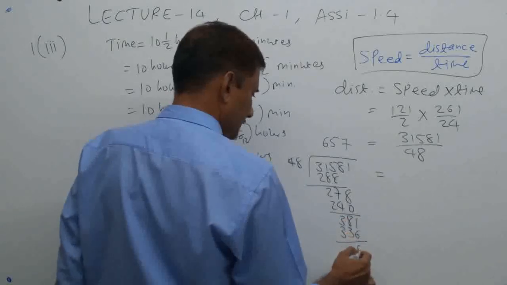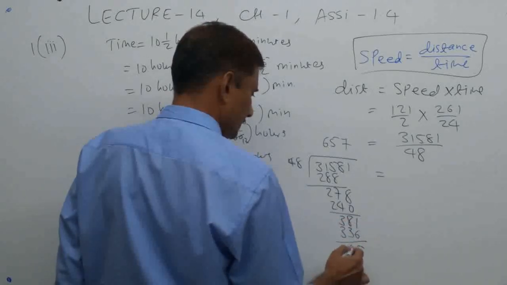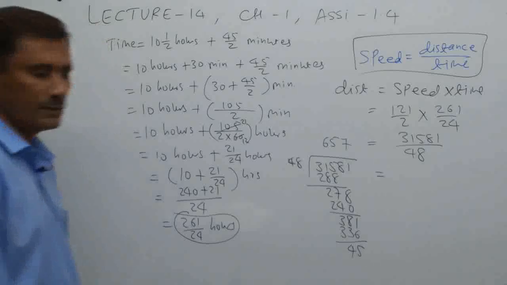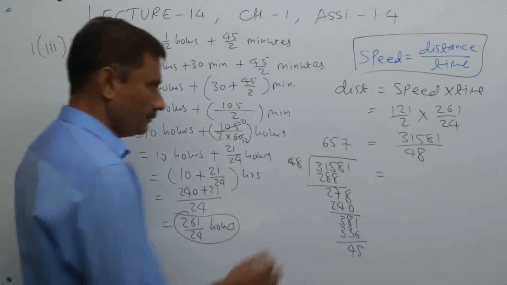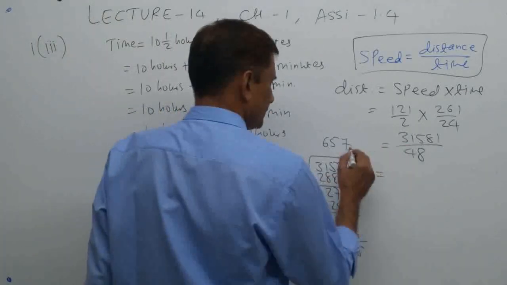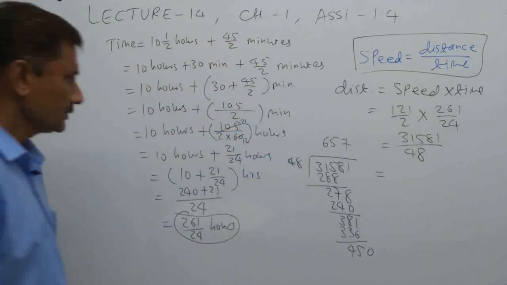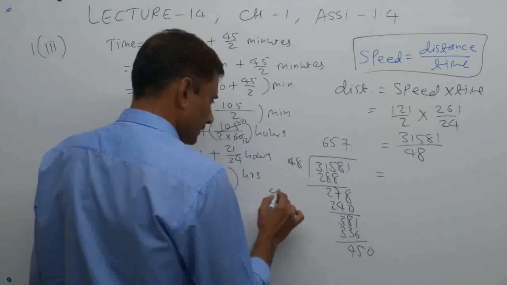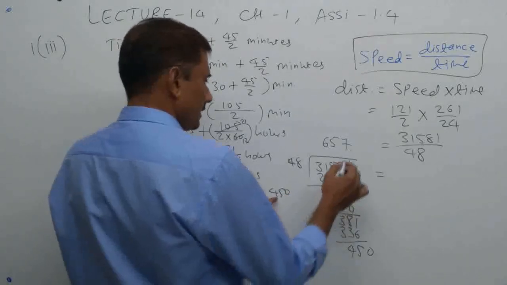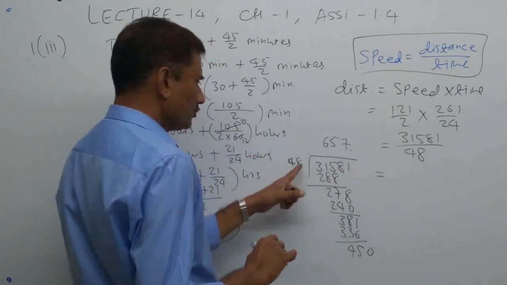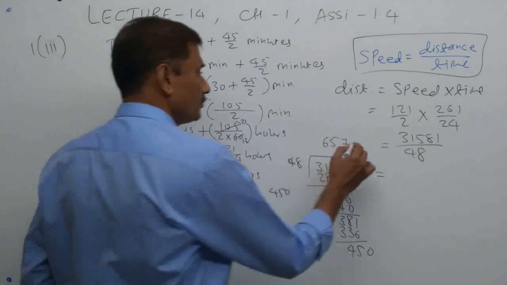So 11 minus 6, 5, 7 minus 3, 4. Okay, now if you go in point, then just put an extra 0 here. Okay, so how much am I writing here, only 450 is there. So now it will be very near to 480. So direct come to 9.